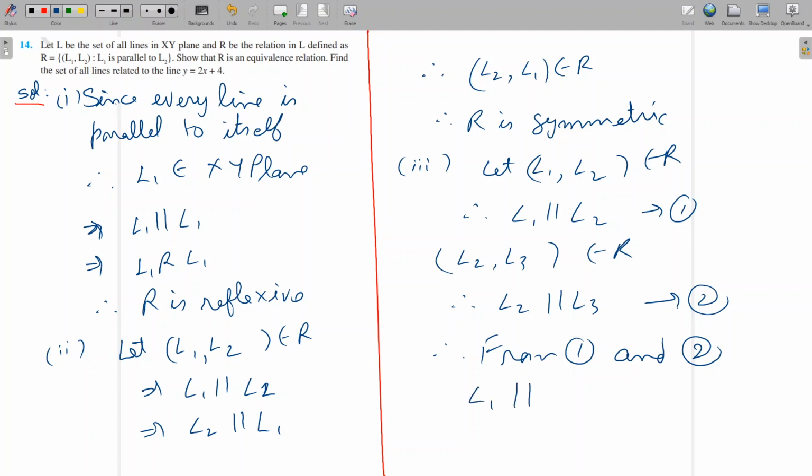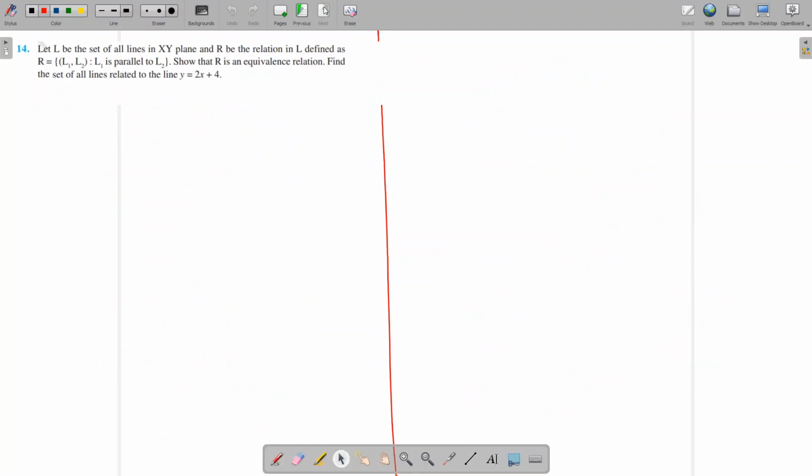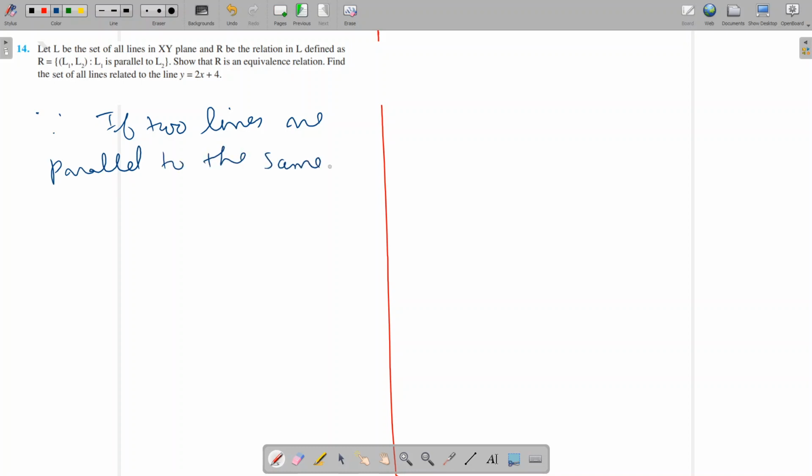L1 is parallel to L3, because we know that if two lines are parallel to the same line in a plane, then they are parallel to each other.